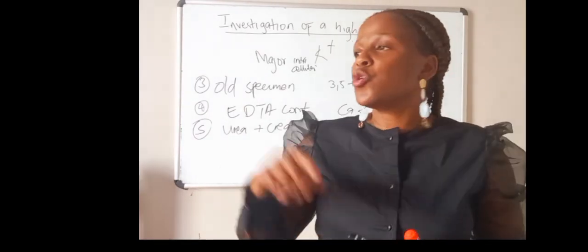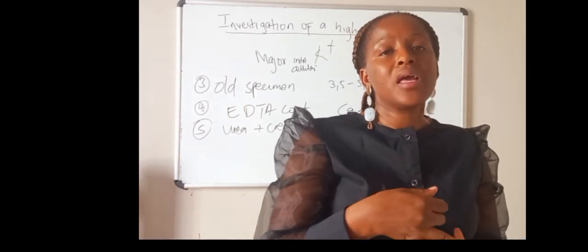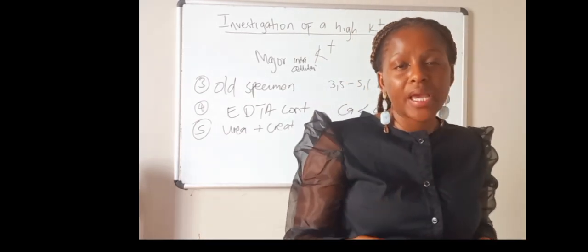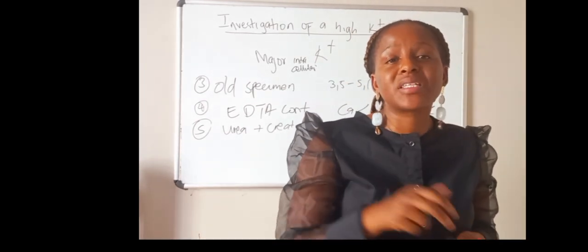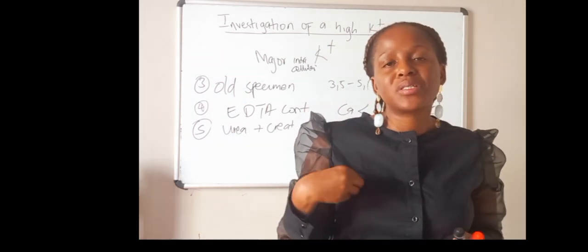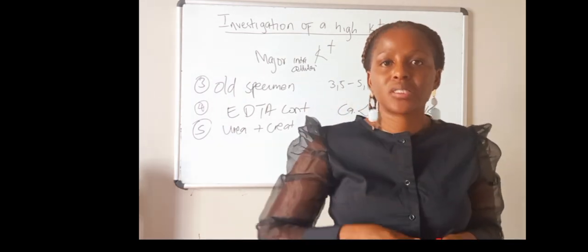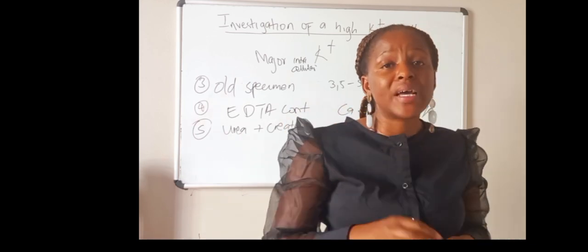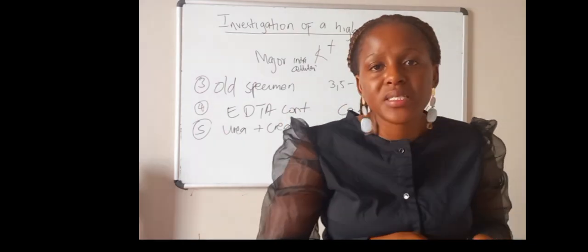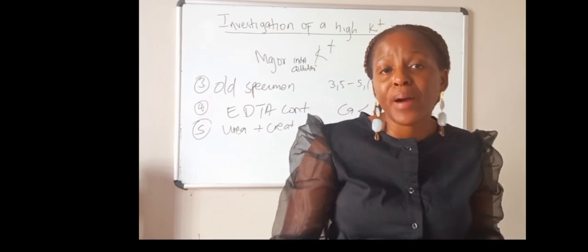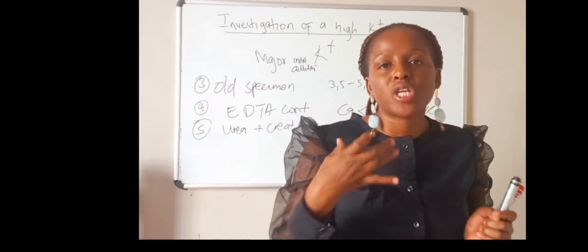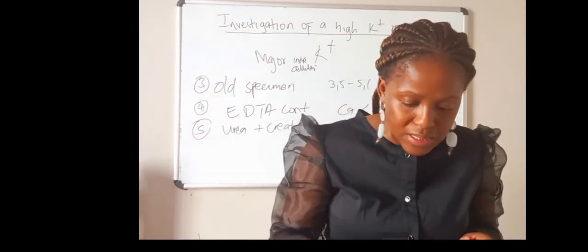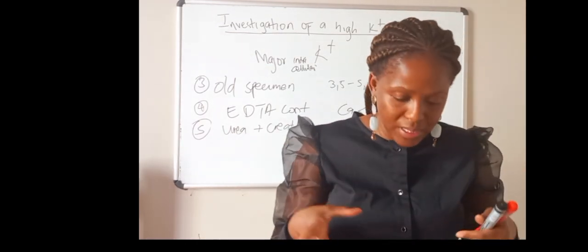Because if your urea and creatinine are high, it is indicative that the patient probably has kidney disease, with which your high potassium result will be consistent. Patients with renal disease have kidneys that are not working properly, so they don't excrete extra potassium as they should. So that can be consistent.